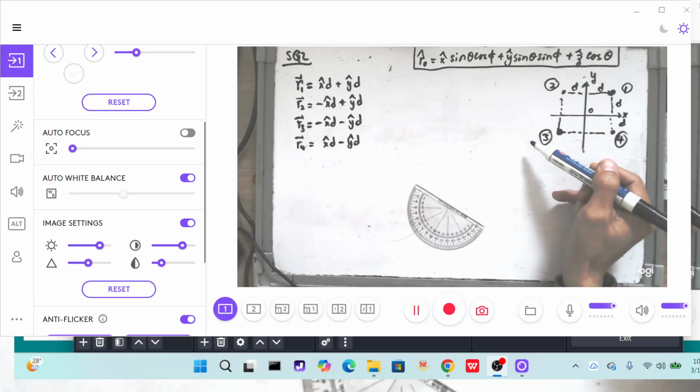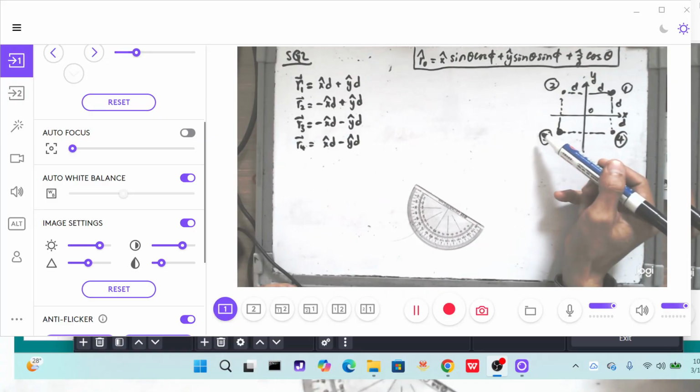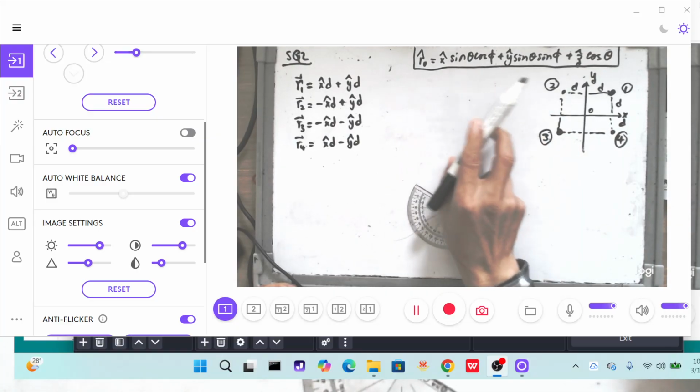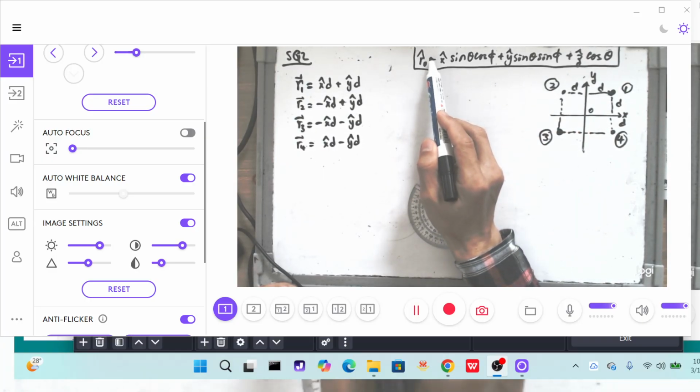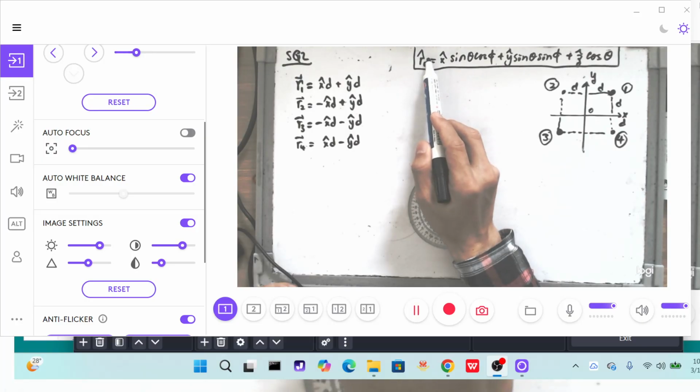So now, what we need to do is to find out their projection in the direction of propagation. The unit vector representing the direction of propagation is r hat naught.